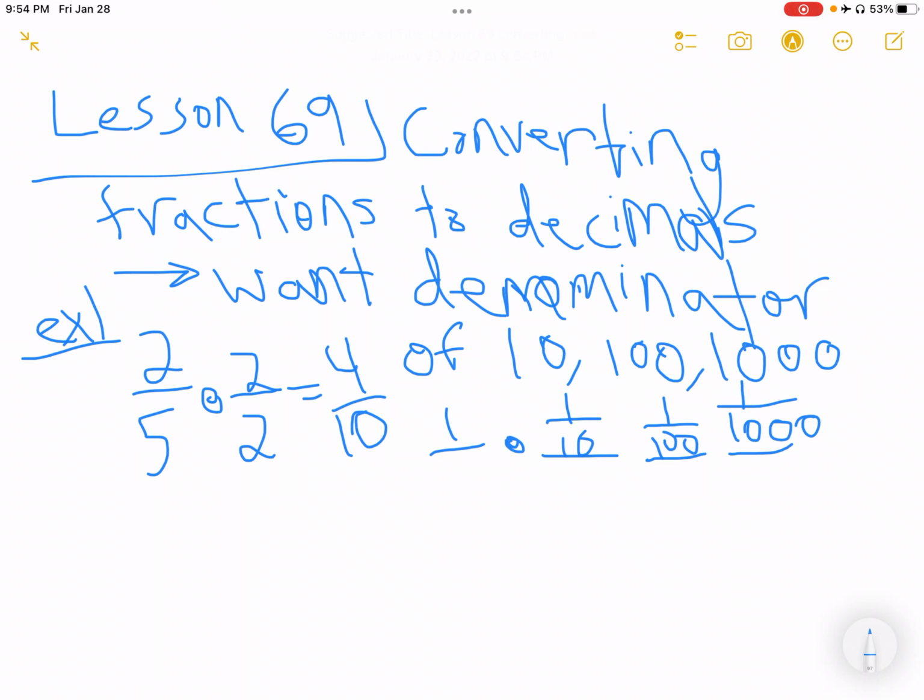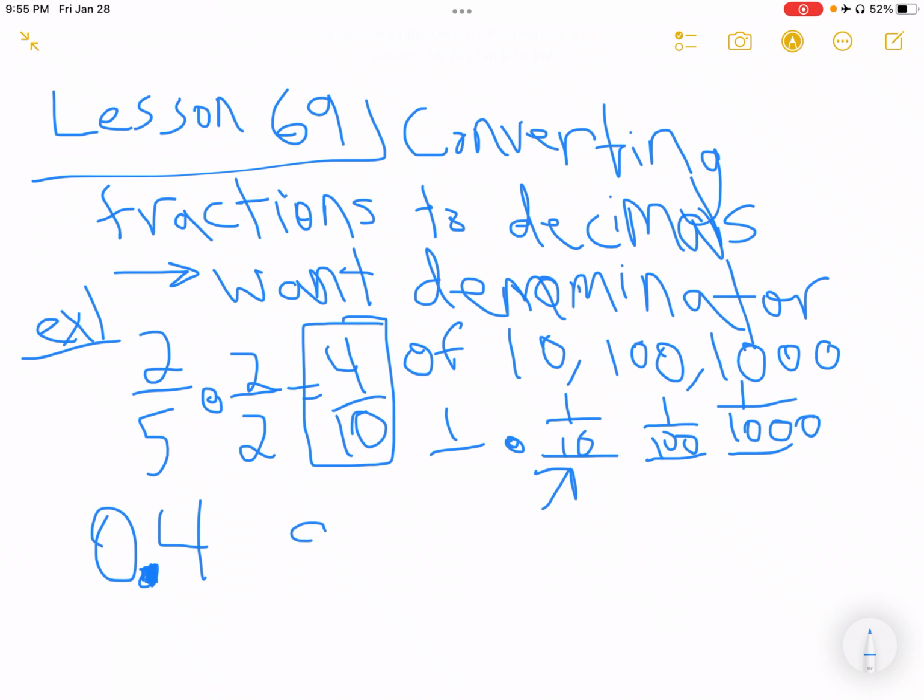This box corresponds to the first place, so we write 0, then our decimal, and we write 0.4. The only reason we write a 0 before the decimal is to be clear that we're talking about a decimal, in case it looks like just a little dot on the paper. So 0.4 is how you do that one.